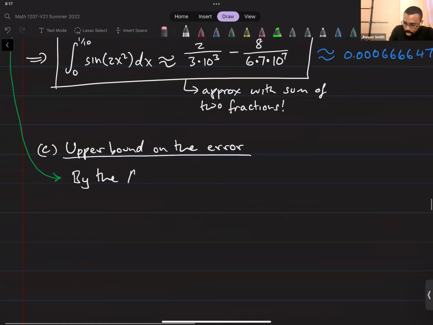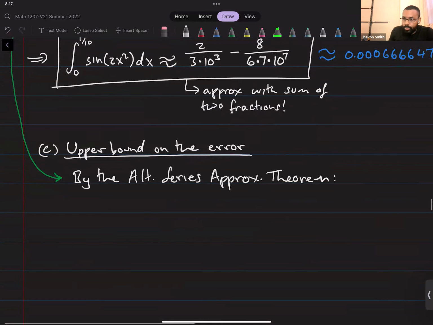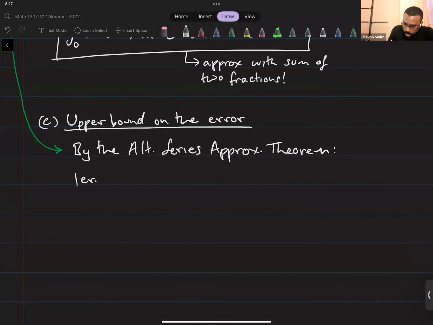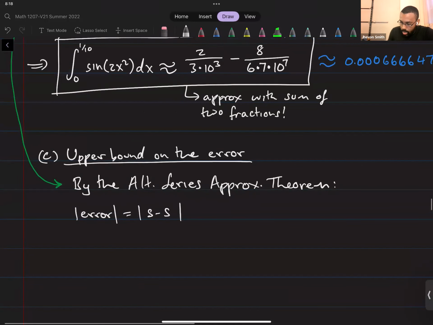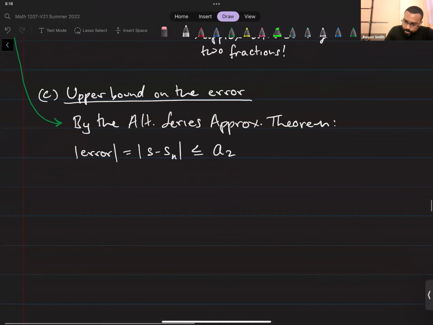By the alternating series approximation theorem, the error, which is just going to be S minus Sn, where Sn is the nth partial sum, in this case is going to be less than or equal to, technically here it's A2, because n starts from 0 here.